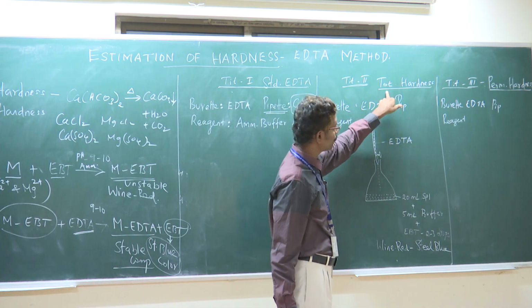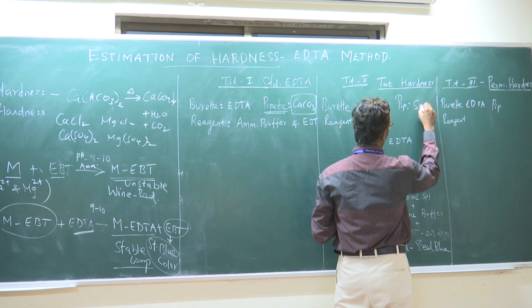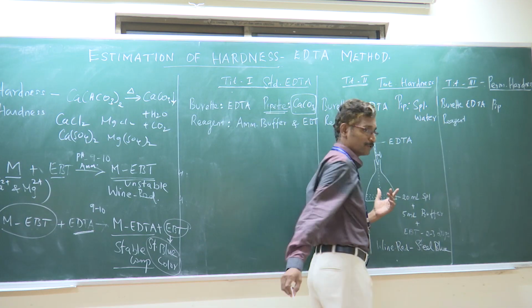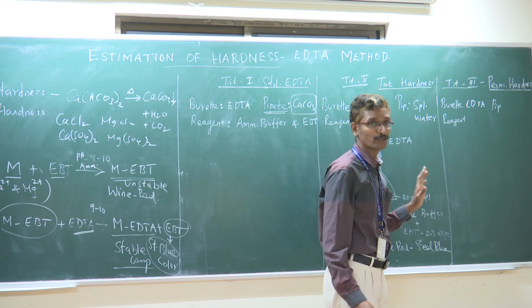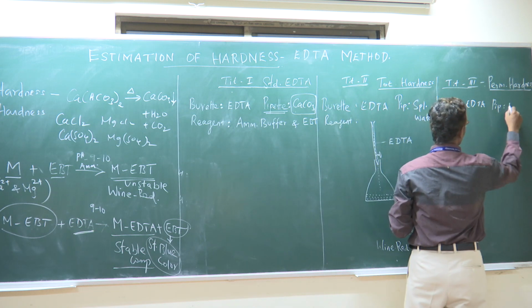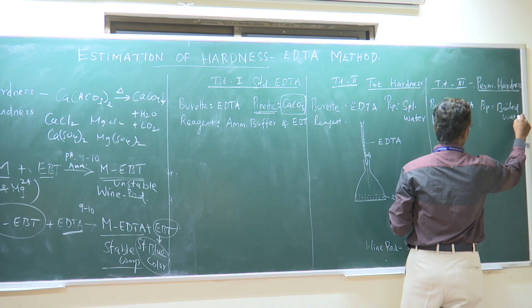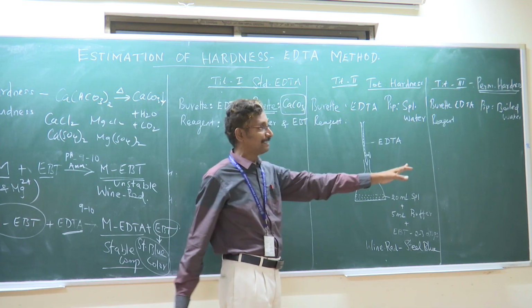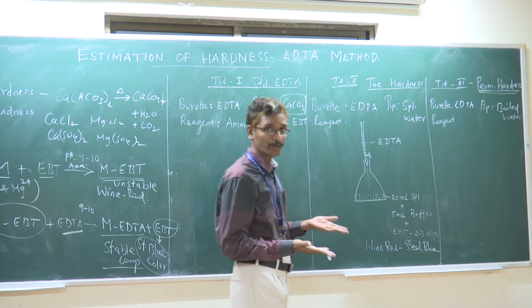For total hardness, the pipette solution is sample water, that is the test solution. For permanent hardness, the pipette solution is boiled water. Why boiled water? Because it is permanent hardness, the sample should not contain any temporary hardness. So how can we remove the temporary hardness?